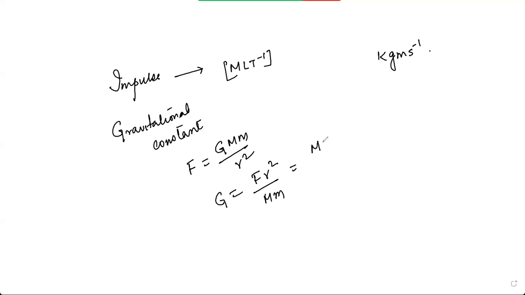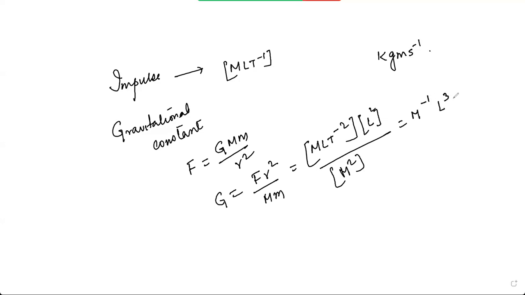Dimensional formula of force is M L T^-2 multiplied by radius means length square by mass means M square. So M^-1 L^3 T^-2 is the dimensional formula of gravitational constant.